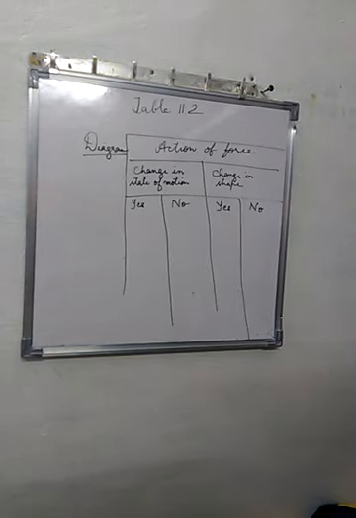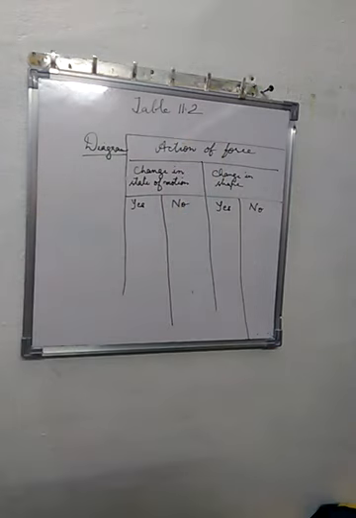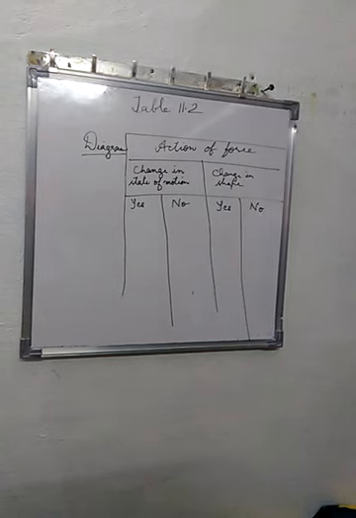This completes our chapter. Table 11.2 was left, so we are going to complete that table now. Now, the diagrams were there, which I have not drawn. It is already present in the PDF which I shared with you all.